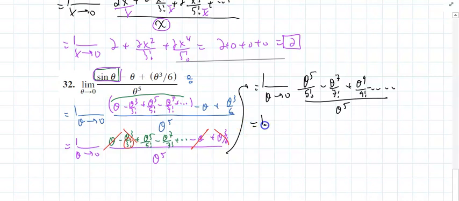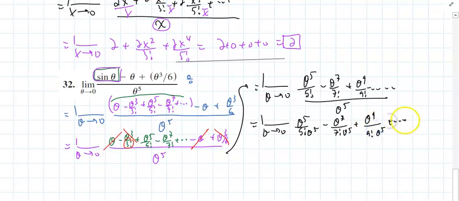If I split those, that would be theta to the 5th over 5 factorial minus theta to the 7 over 7 factorial plus theta to the 9 over 9 factorial.